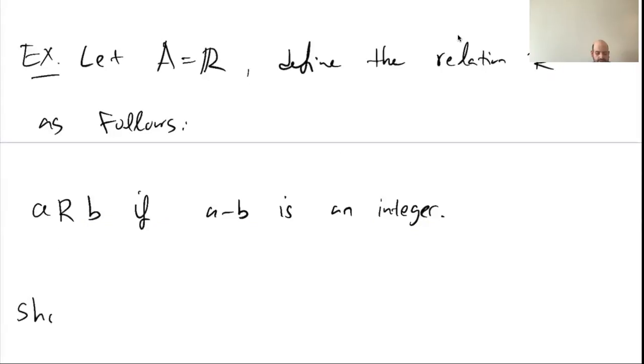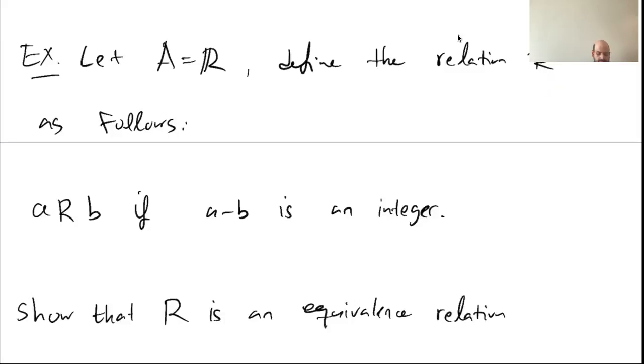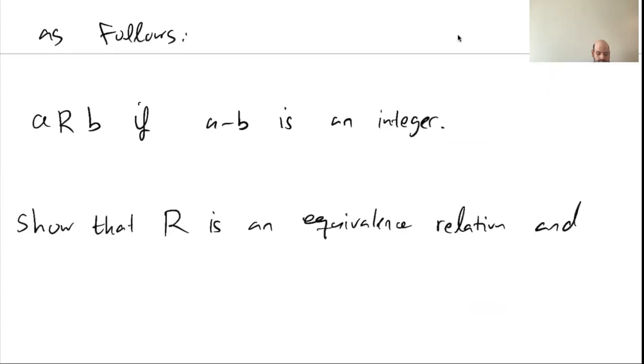So show that R is an equivalence relation. And find the equivalence class of, for example, 1.1.